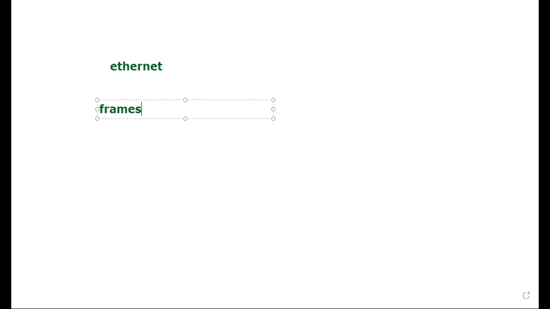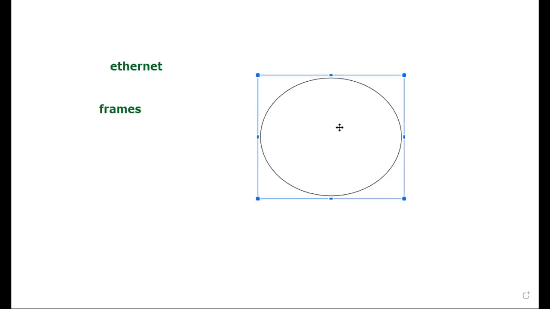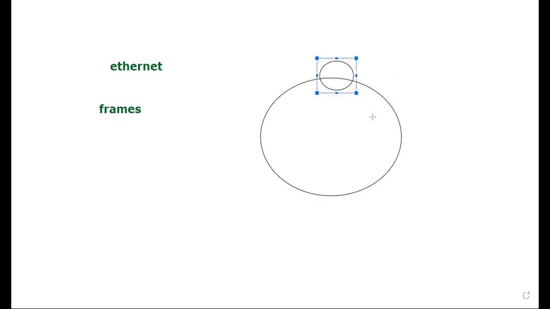Then you have the token ring or token passing. In this case, they are physically connected in the form of a star topology, but logically, when you want to transmit data, they use the ring topology. The data is sent in the form of a token. If the token is empty, then the node which wants to transmit the data can use the token.